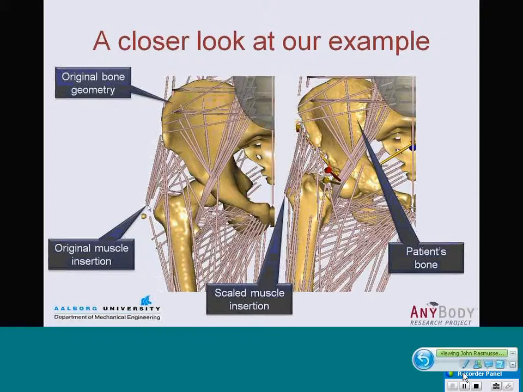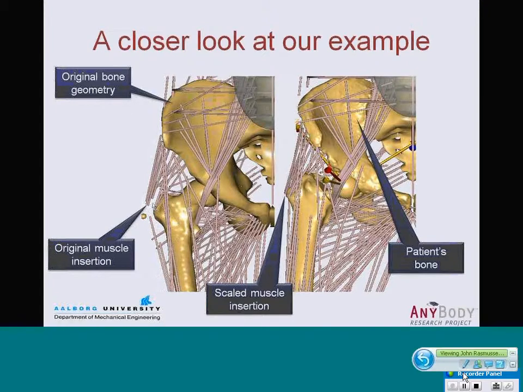One of the things that is particularly interesting here is that on the left-hand side you can see some muscles here, which are probably supposed to insert on the greater trochanter, but which seem to end in free air somewhere. The reason why this is happening is because in the lower extremity model, which is the one we're using here on the left-hand side, the bone that we have here is actually not yet the original one, and therefore some of the muscle data that have been recorded from the cadaver specimen do not exactly fit the bone.